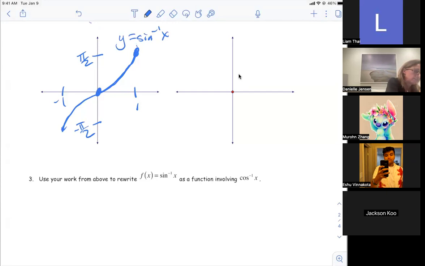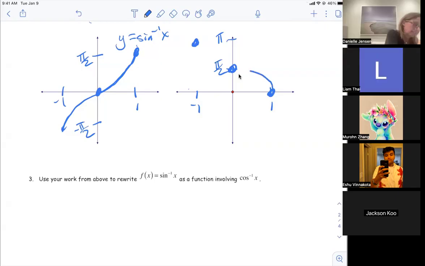And then the inverse cosine: inputs 1 to -1, and outputs 0 to pi. At 0, it's 1. At pi over 2, 0, and at pi, -1. Again, I think of going into the angles here, like that.